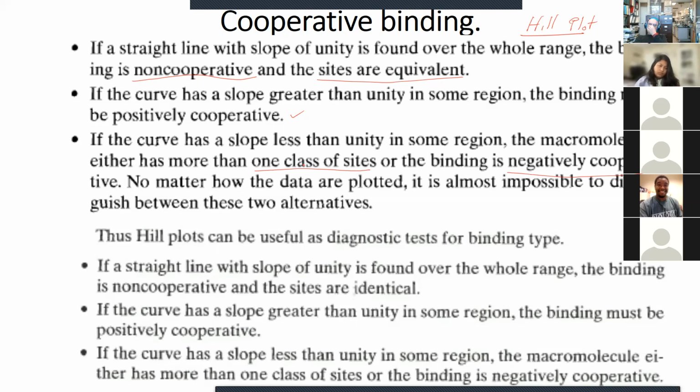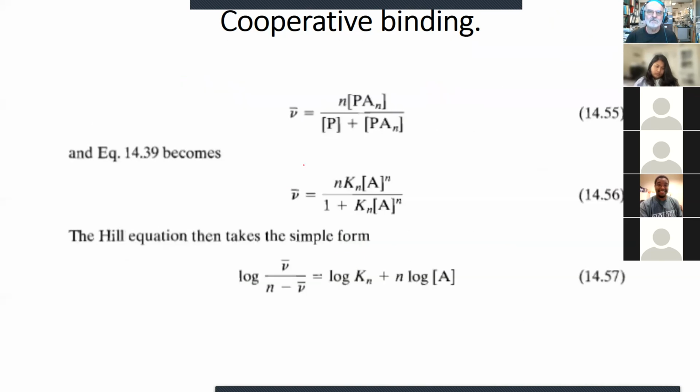In principle, you can look at any one of these curves and sort this out. Is it non-cooperative? Is it negatively cooperative? Is it multiple classes? Those two are equivalent. Or is it cooperative? That's a conceptual, qualitative explanation. What we want is a quantitative explanation.